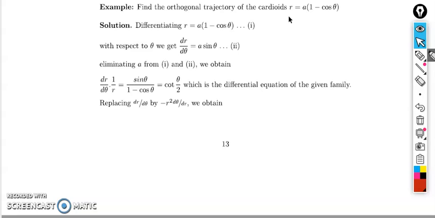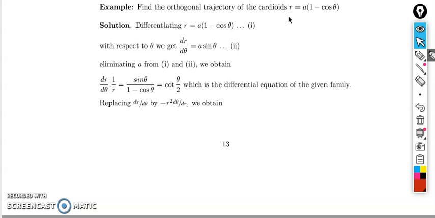So in the last lecture we have already mentioned that when a family of curves is given in polar form and you have to find the orthogonal trajectory of the given curve, first we find the differential equation of the curve.